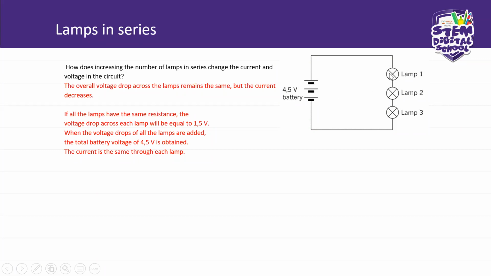So they will each be sharing 1.5 volts because they are equal. Okay? So the current would be the same. So even their light intensity would be the same because they would be sharing the current. It would be different if there were lamps of different sizes.